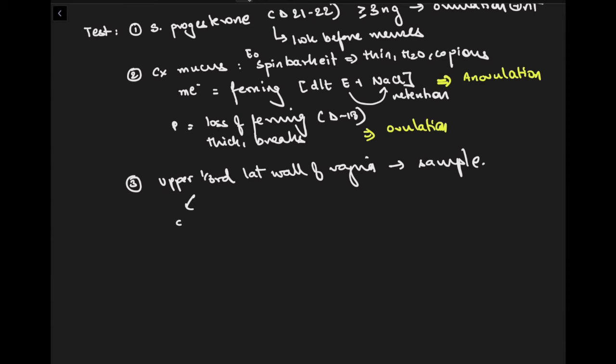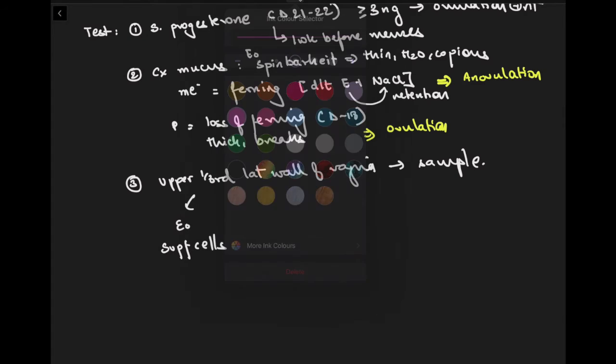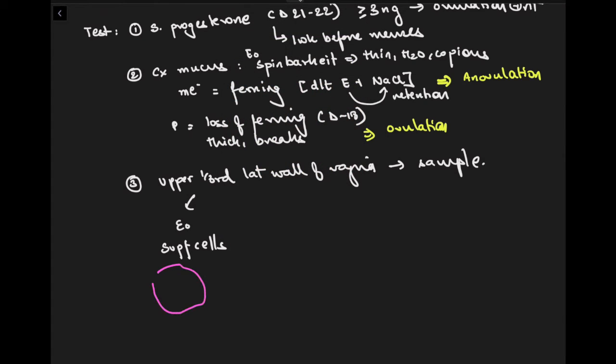Right. So, under the effect of estrogen, there will be a predominance of superficial cells. How are these cells? They are pink in color, eosinophilic, with a small pycnotic nucleus. Under the effect of progesterone, the intermediate cells will be seen. They are basophilic and the nucleus will be slightly larger in size.